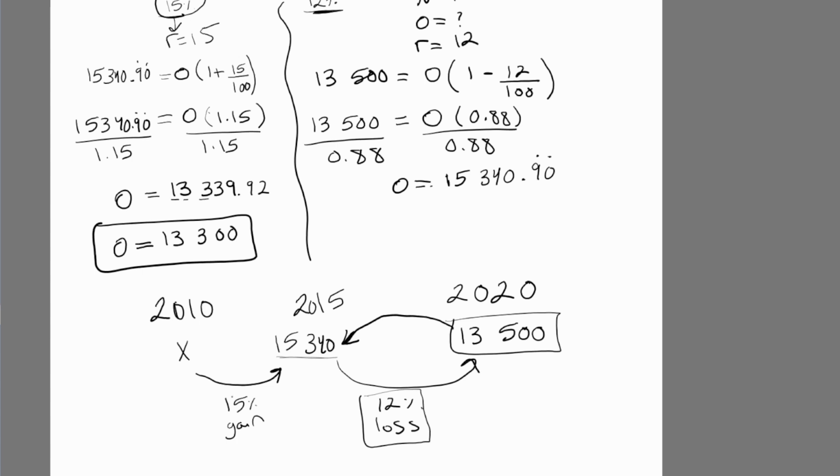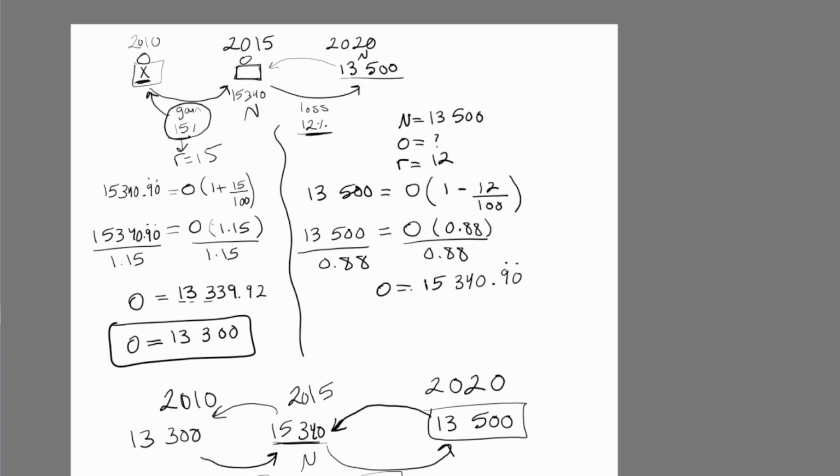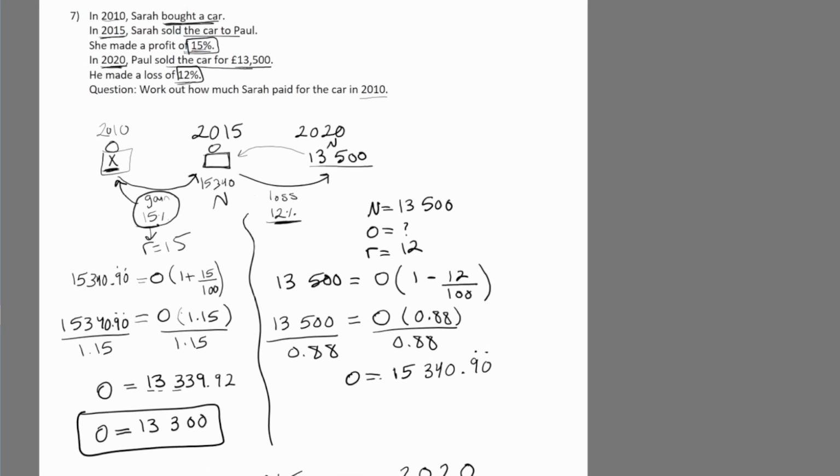So at a 15% gain. So now we know the new amount at a 15% gain, and now we can find the old amount. Again, through the percentage increase rule. And through it, we found that eventually Sarah originally bought the car for around 13,300 pounds.